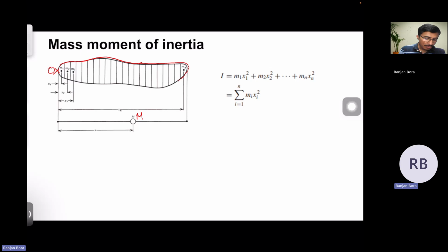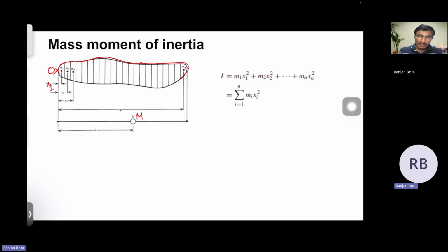So this small x1 is the distance between the axis of rotation O and the CG of the mass m1. Similarly, small x2 is the distance between the axis of rotation O and the center of gravity of mass m2.